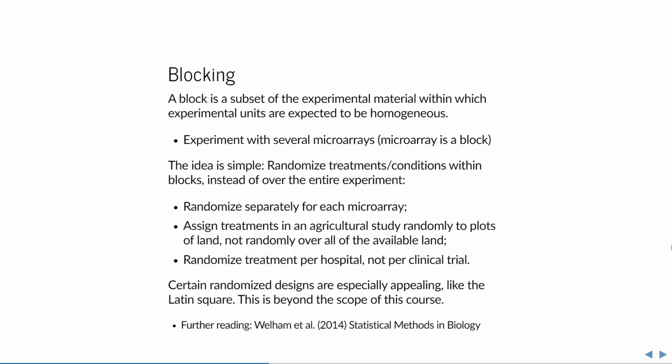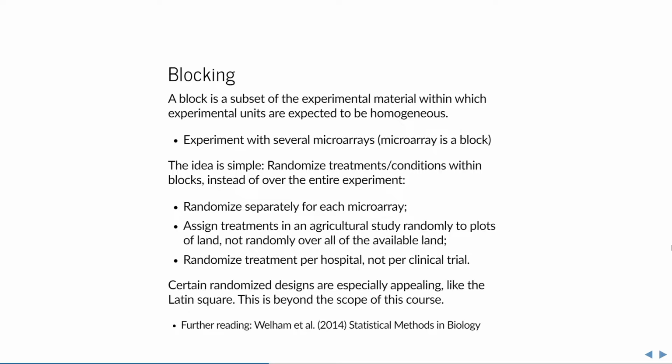So what that means is, if for example you have some experiment with several microarrays, because you have so many samples that they don't fit on a single array, then you can imagine that there are small differences in the manufacturing process and the cast or whatever that causes there to be minor differences between each microarray. And especially for something as sensitive as a DNA microarray, these differences can actually be picked up in the analysis. So in this case, one single microarray could be considered a homogeneous block.